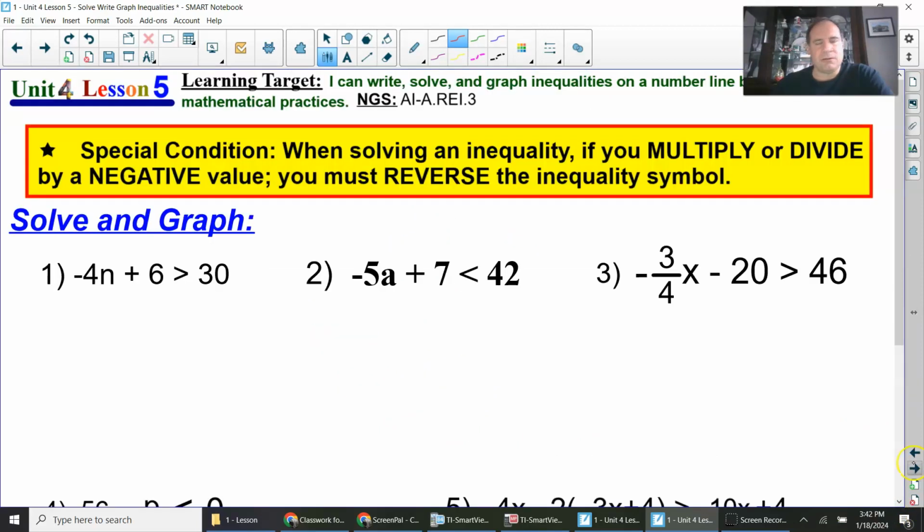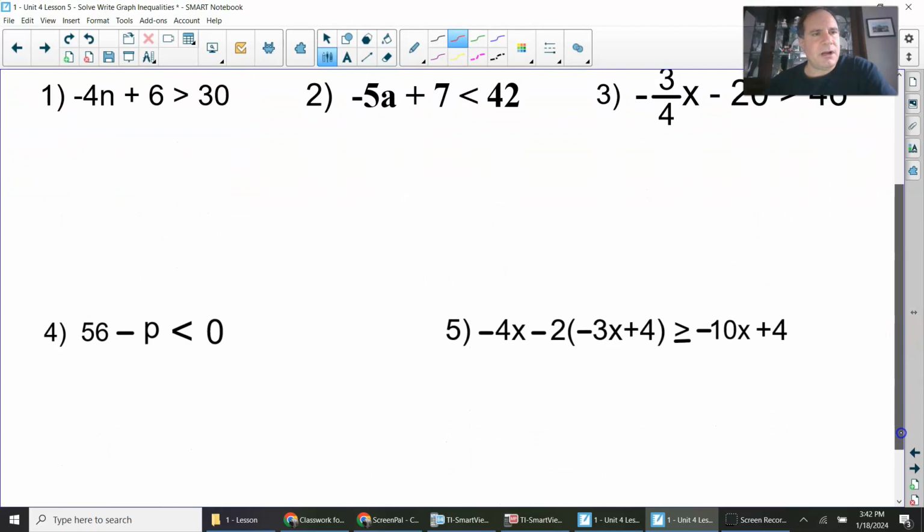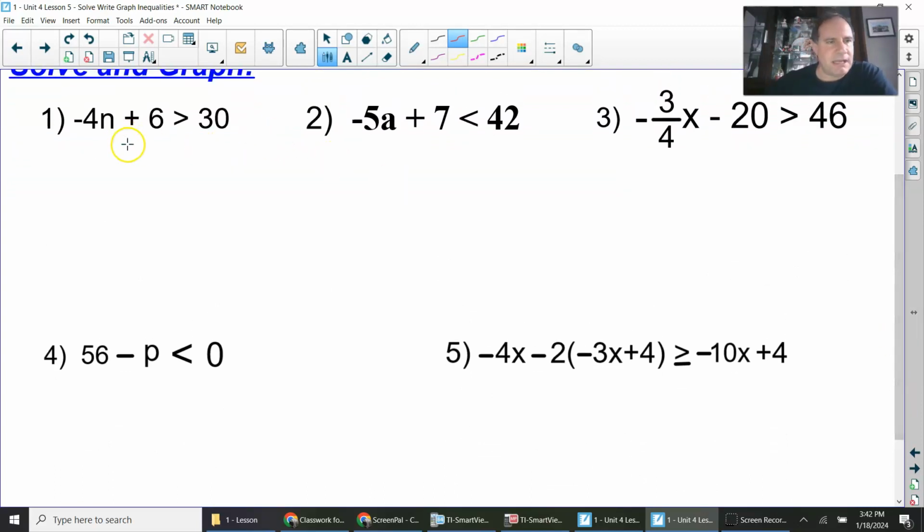So just to kind of practice a couple of these questions, I am going to go to number 1 and just go ahead and subtract 6 like I would normally do. After I subtract 6, then I am going to cancel out the 6's, and I'm going to bring the negative 4n down, and it is greater than, this is 24.